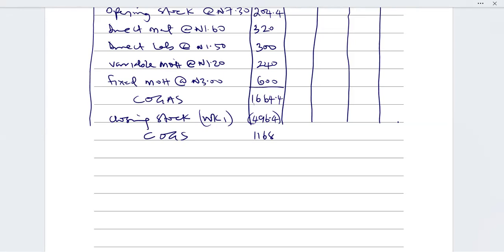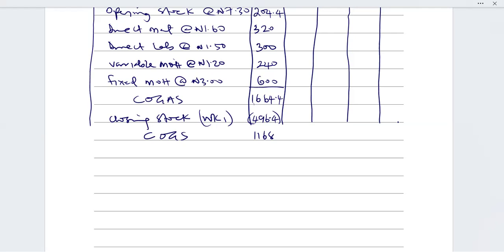So when budgeted overhead or output is the same as actual overhead or output, it means that the overhead is appropriately absorbed. But if budgeted overhead is different from actual overhead, it means that the difference must be adjusted from the cost of goods sold. So if you are using the absorption costing method, immediately after your cost of goods sold, you must consider overhead absorption.